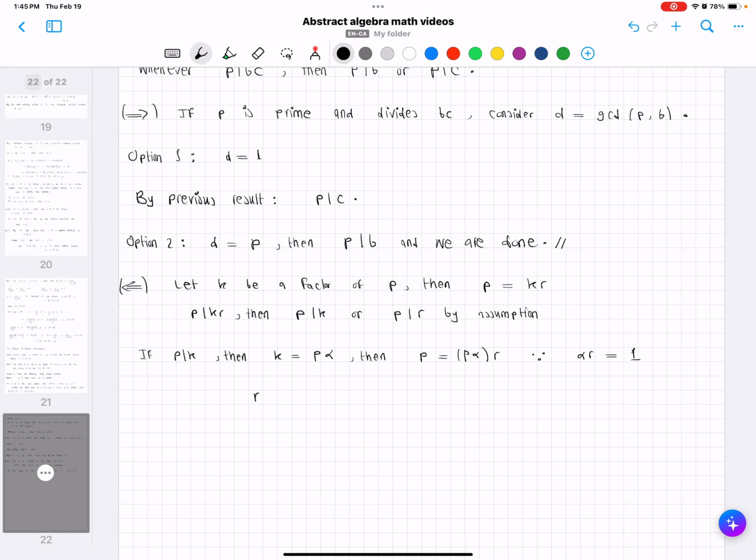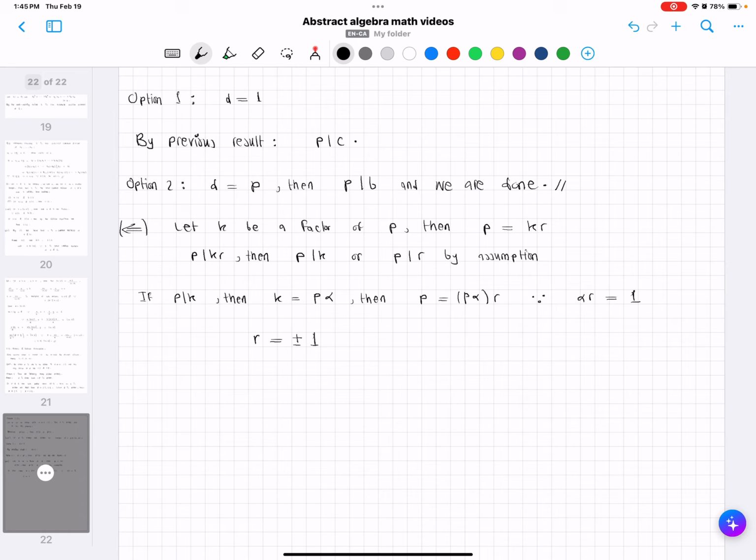So R is equal to plus or minus 1. Why is that true? Let's show that. R here is an integer, in Z, which is not 0, and its absolute value is at most 1. So then we must have that R is equal to plus or minus 1.